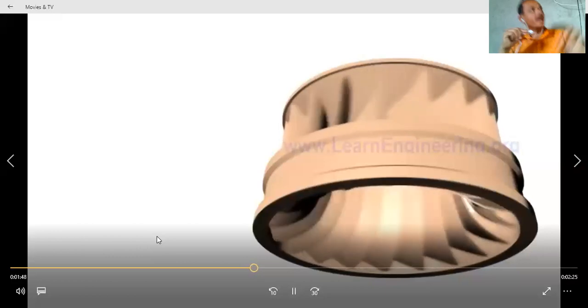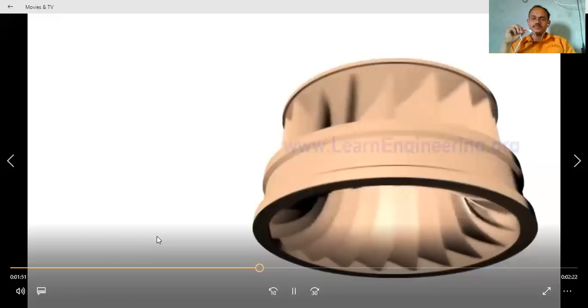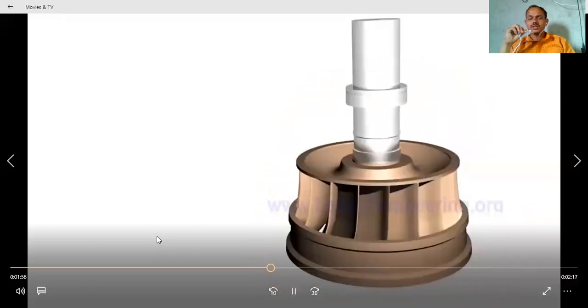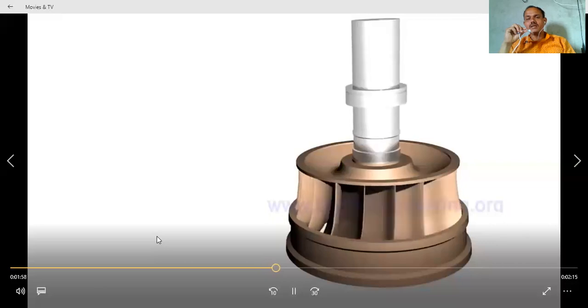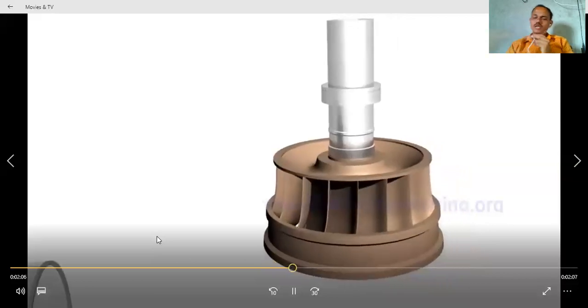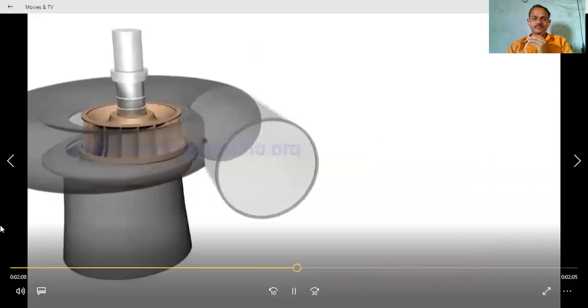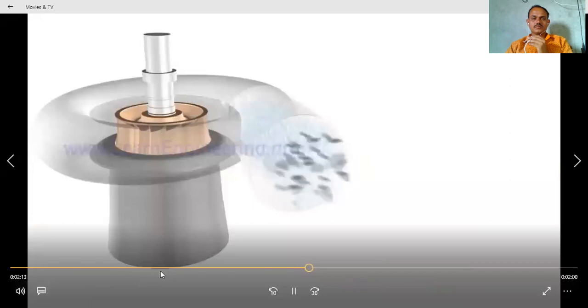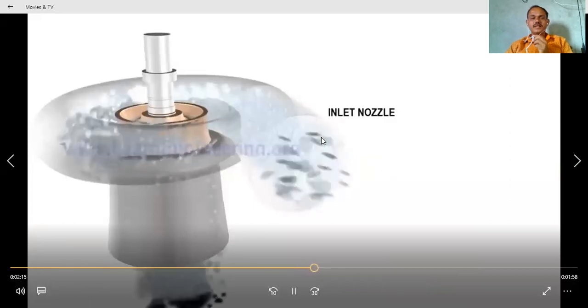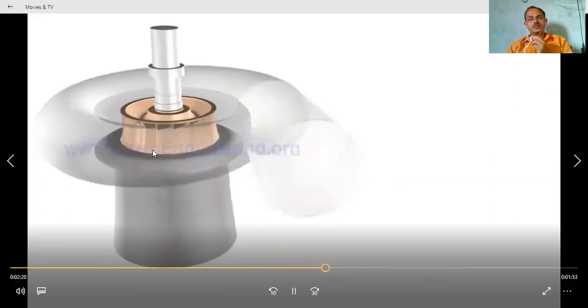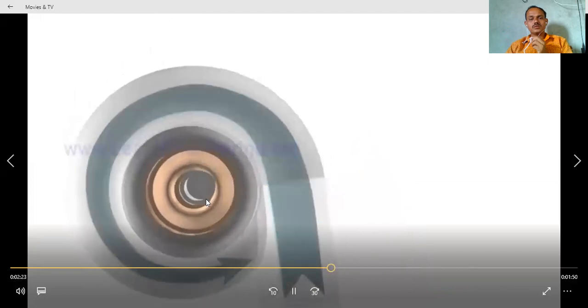So here we have pressure energy as well as kinetic energy. The shaft is connected at the center point of the turbine. So when the turbine starts rotating, the shaft also starts rotating. This turbine is fitted in here, and you can observe how the flow rotates the turbine and leaves the turbine.